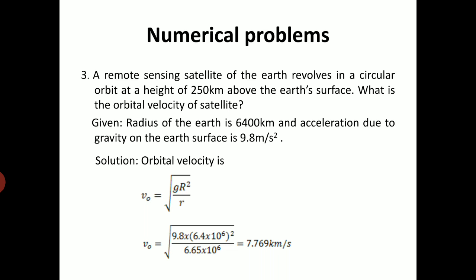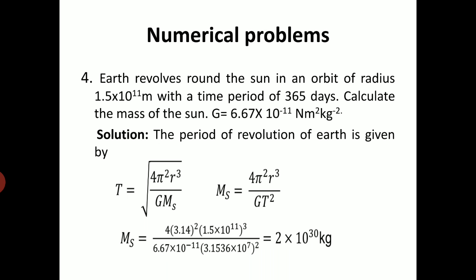If we add these two, we get 6.65 into 10 to the power of 6. Substitute the small r value and calculate, we get the orbital velocity of the satellite as 7.769 kilometer per second.